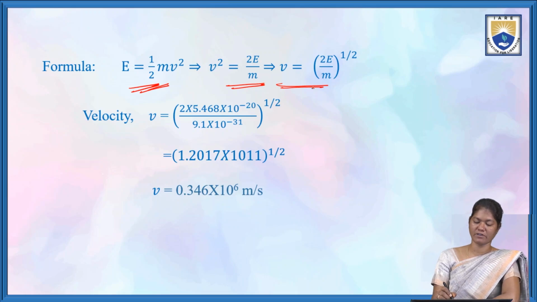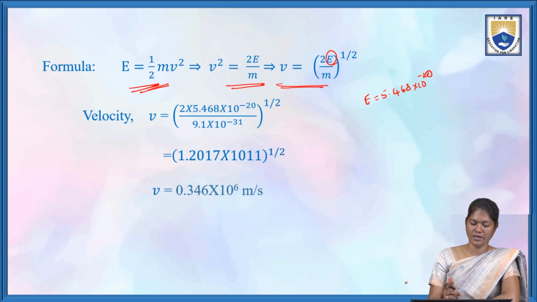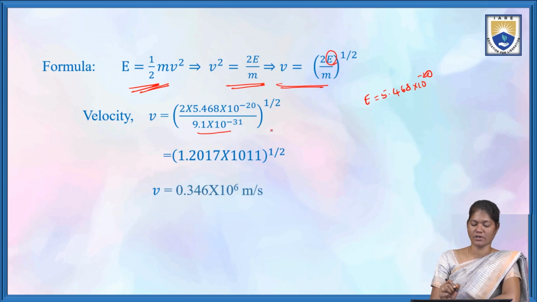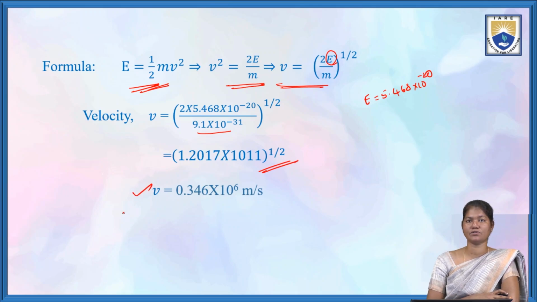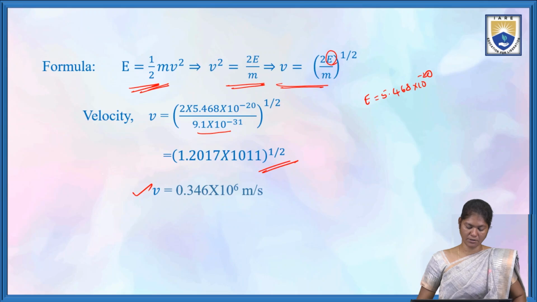Substituting the values, E is 5.468 into 10 power minus 20, which we got here, and the mass of the electron is 9.1 into 10 power minus 31, whole power 1 by 2. While calculating this, we get the velocity of the electron V equal to 0.346 into 10 power 6 meters per second.